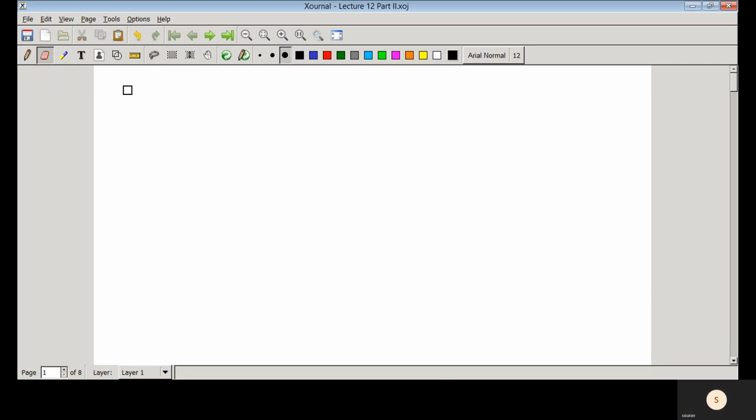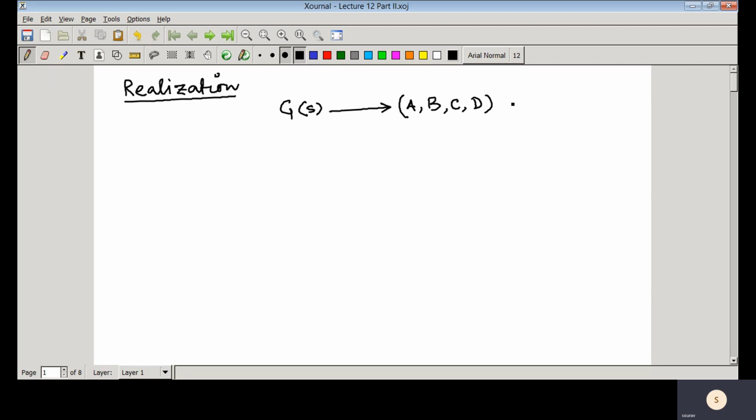So that is the realization problem. The realization problem is that whenever a transfer function is given, you need to find the state space matrices. So this particular problem is called the realization problem.